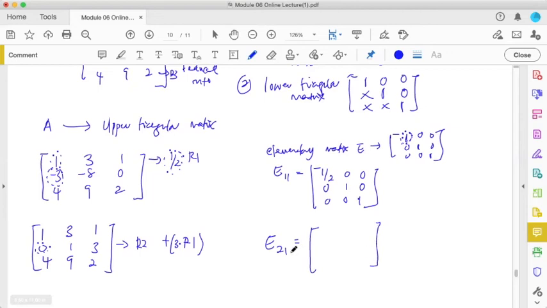Where is row 2, column 1? It is in here. What you write here is 3, because you used 3 in the operation. The rest of the coefficients follow the standard form of the elementary matrix.